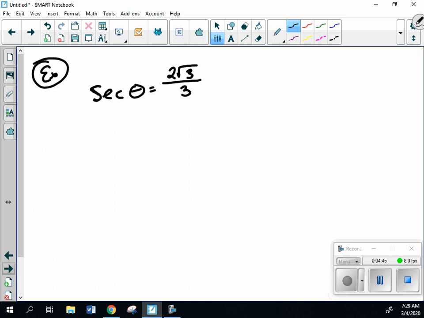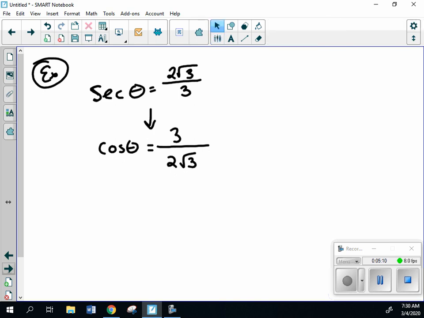Well, looking at this, we are going to have to remember that secant relates to cosine if it's flipped. So this now becomes 3 divided by 2 square root 3. When we do this, you cannot have a square root in your denominator. So we're going to have to rationalize that denominator.